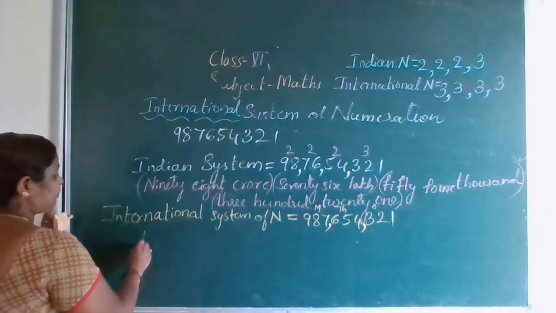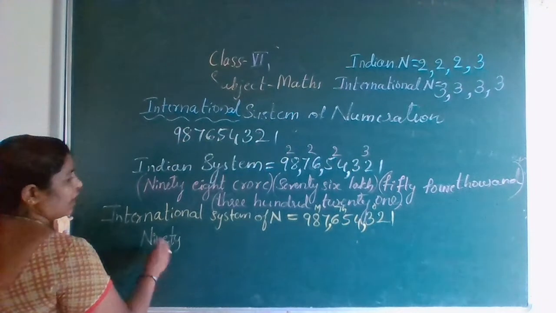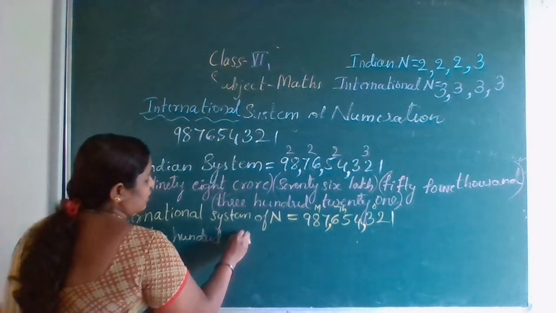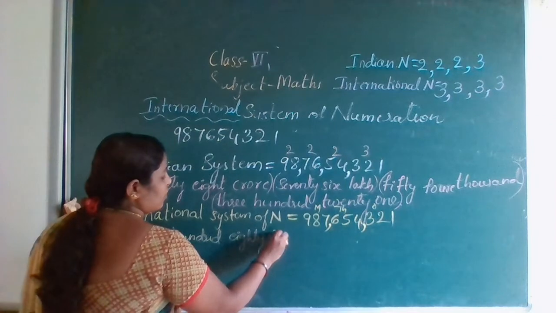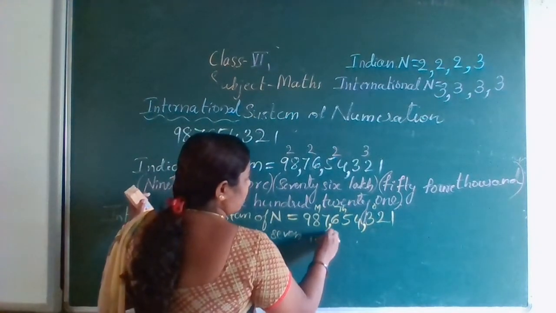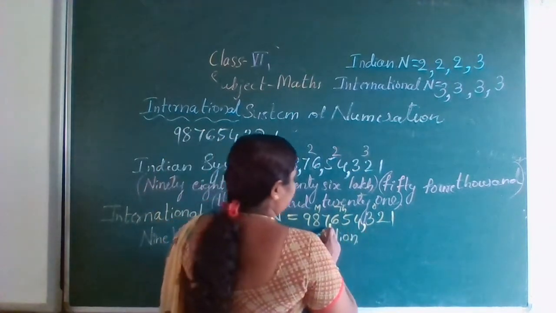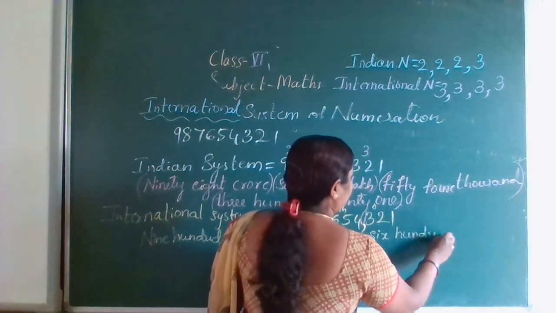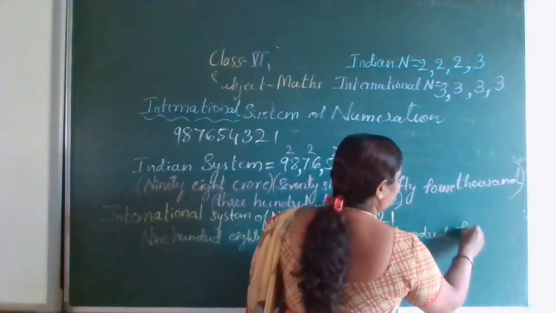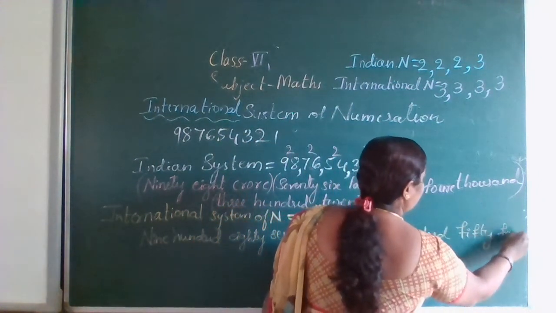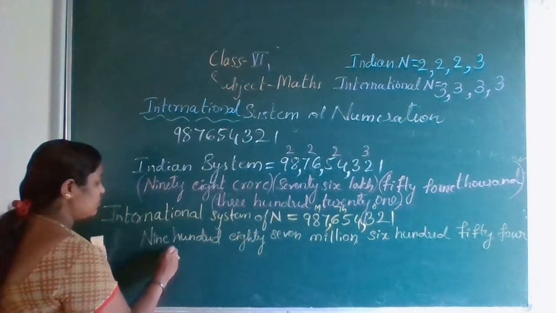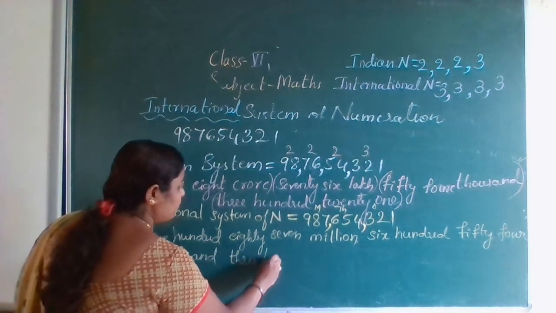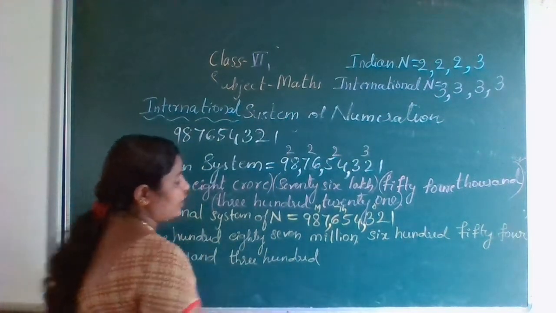So first one is 987 million, next 654,000, and 321.